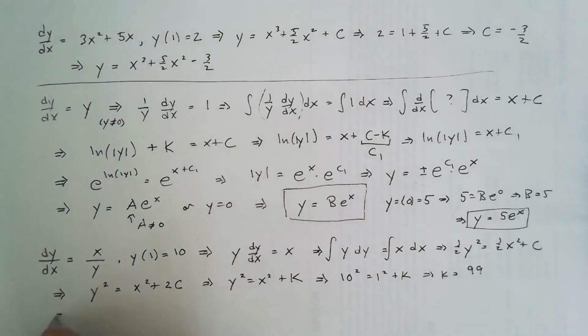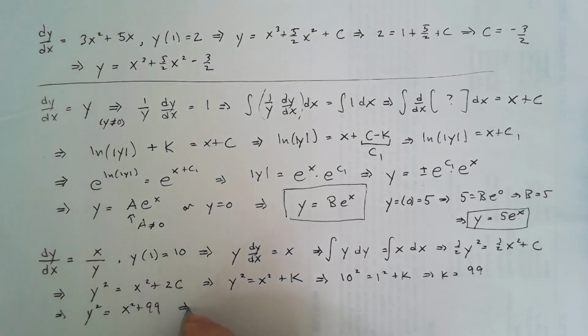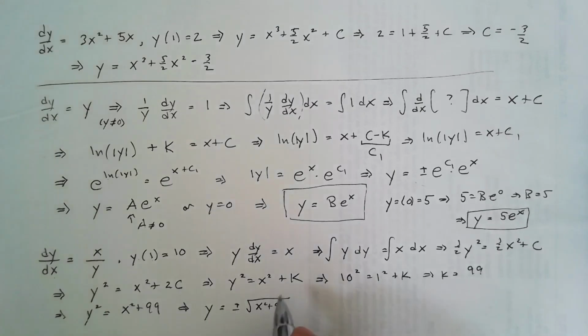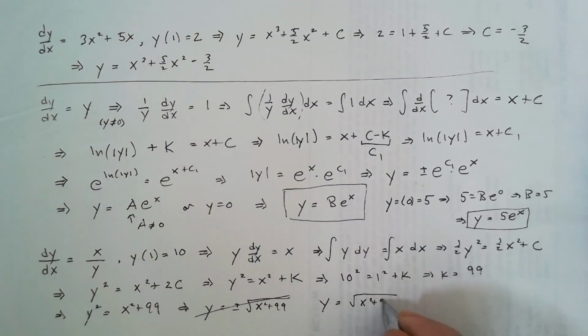Putting that back in, we get that y squared is x squared plus 99, and now we can solve for y and get that y equals plus or minus the square root of x squared plus 99. But we know that y of 1 has to equal positive 10, so the minus sign isn't going to work here. We only need the plus sign. So we can write as our solution to this initial value problem, y equals the square root of x squared plus 99.